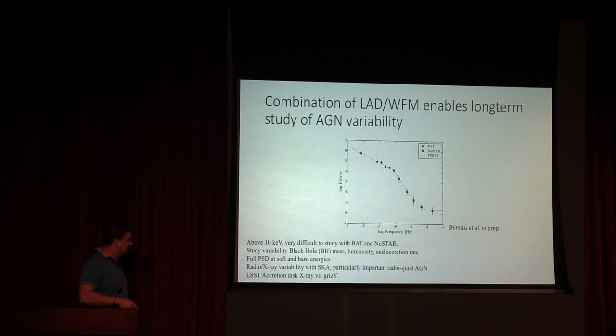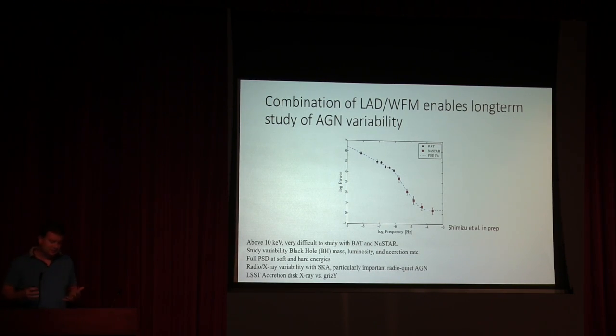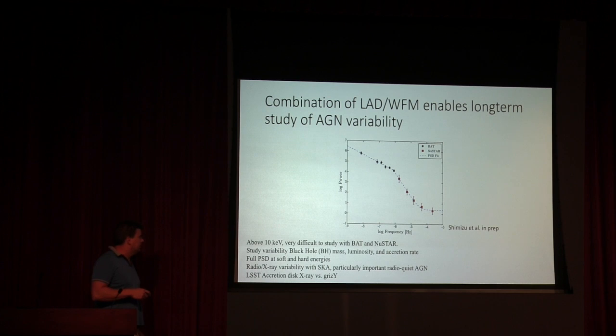Another interesting thing, which was mentioned by Mislav, and we've been working on doing this at high energies, but it's really hard to get the power spectral density at high energies, because you're trying to use NuSTAR plus BAT to do the long-term monitoring. We think it agrees with what people have found at softer energies, but this is something one could do much more easily with the LAD and also the wide field monitor.